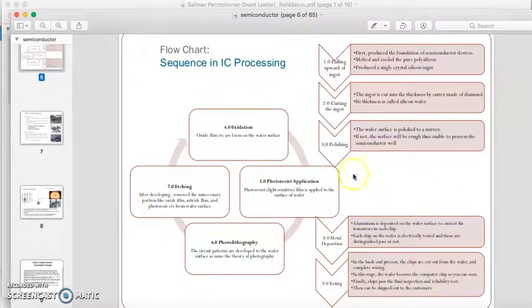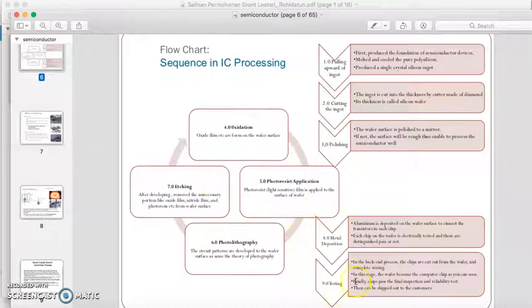Here is the general process in the production of IC. It consists of three stages. The first is stage number 1, to produce the silicon wafer, and then the second stage is a layer by layer process to develop the circuit and the electronic components inside the IC.